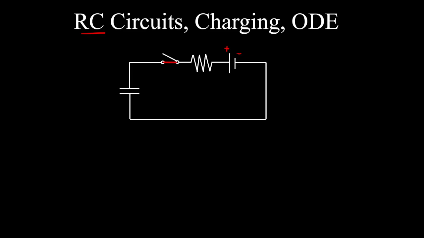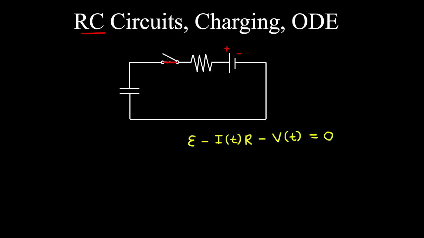So that's the electromotive force of the battery minus the voltage drop across the resistor, which is the current, a function of time, times the resistance, and minus the voltage across the capacitor. So therefore around the closed loop, the net voltage is 0 by Kirchhoff's loop rule.